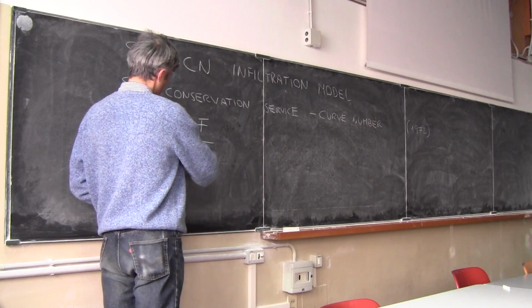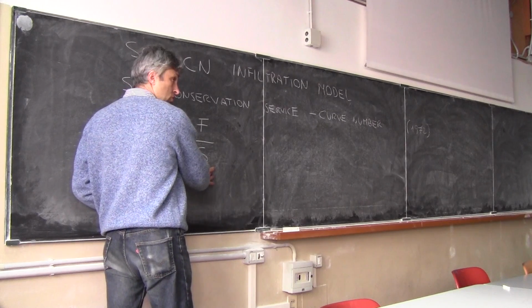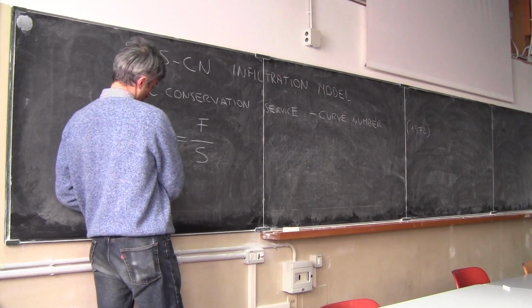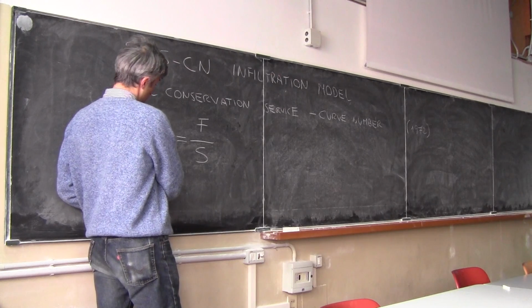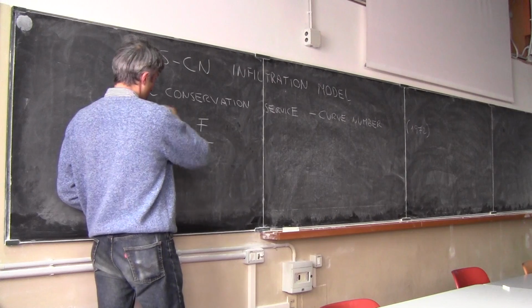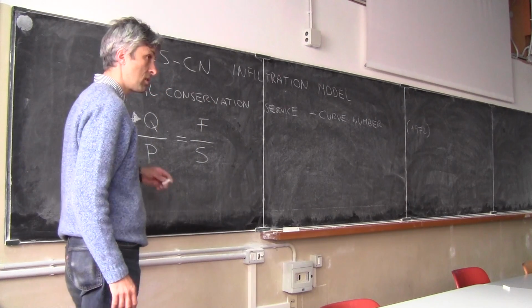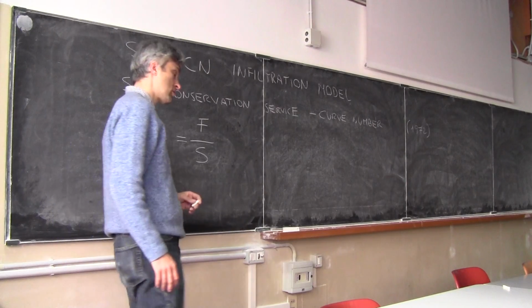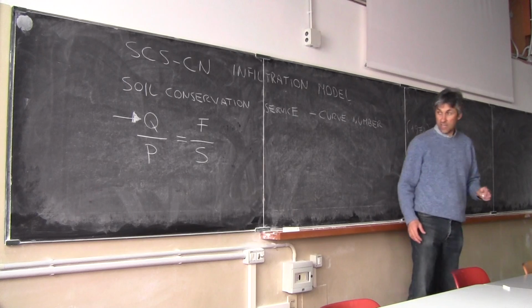I will explain later. But even if we admit that we knew S, and we of course know P, which is precipitation, we would still have two unknowns, which are Q and F, which are cumulative contribution again to surface runoff and cumulative infiltration.